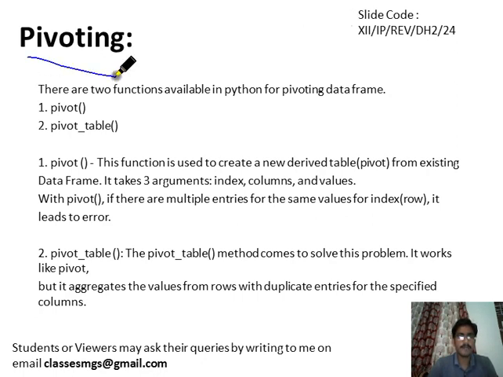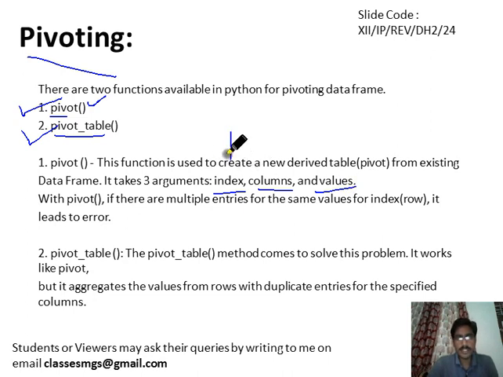So in pivoting we have two functions in Python. One is the pivot method and another is the pivot table method. The pivot method is basically used to rearrange the data of a data frame in a different way. The pivot function takes three arguments: index, columns and values.